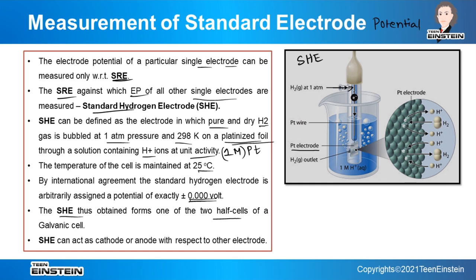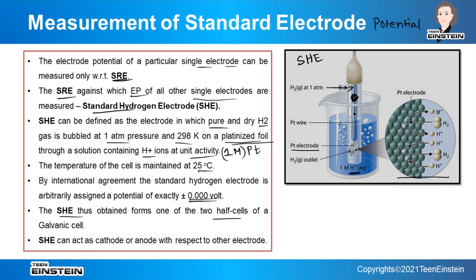Now the electrons that are coming here will be accepted by H plus ion, because H plus ion is present in this solution. Now if you look at this picture, this small region is zoomed.